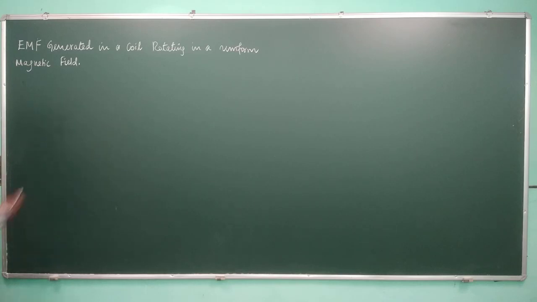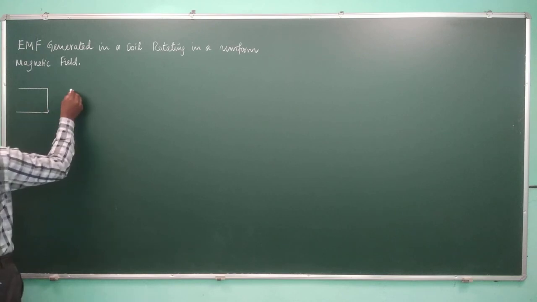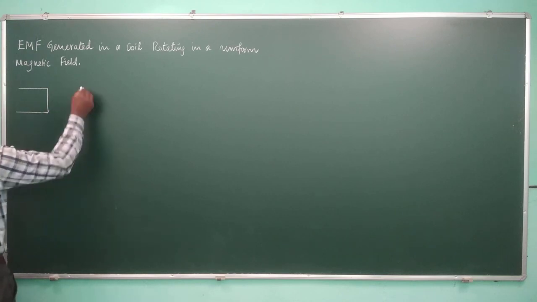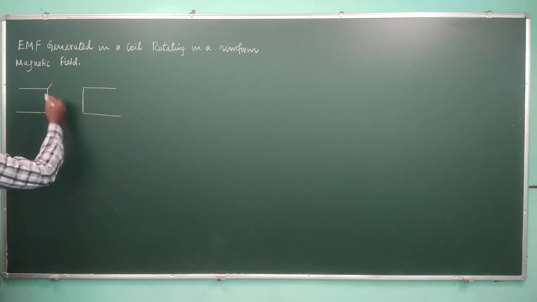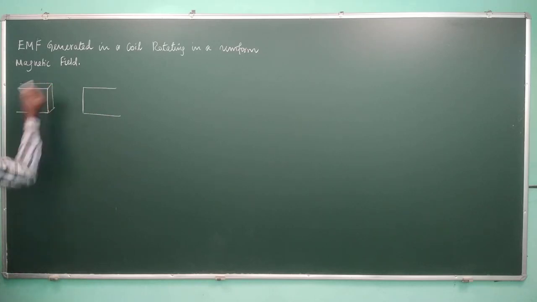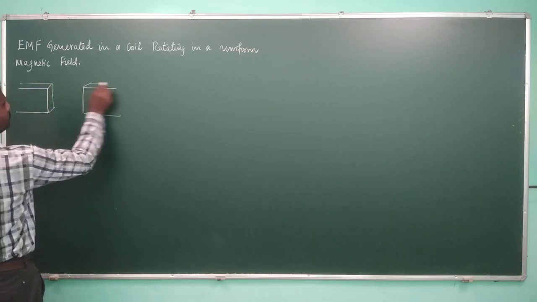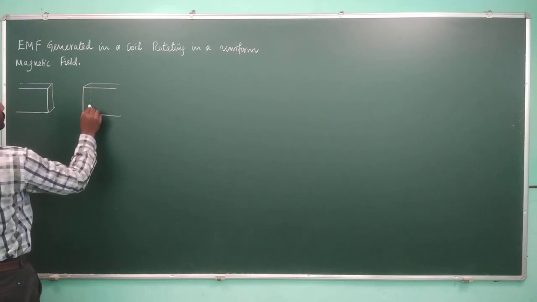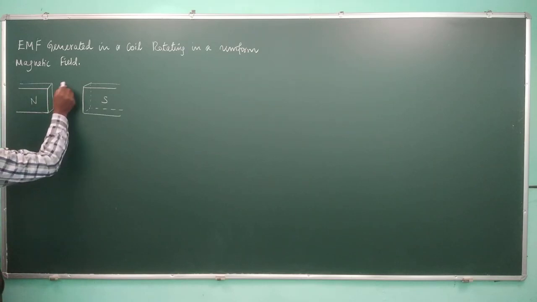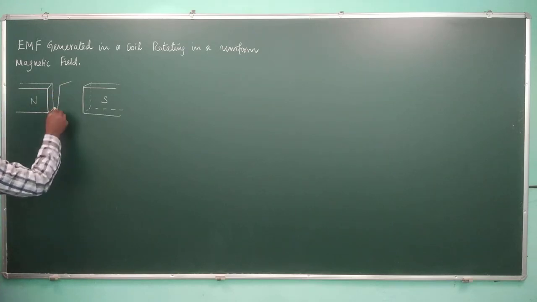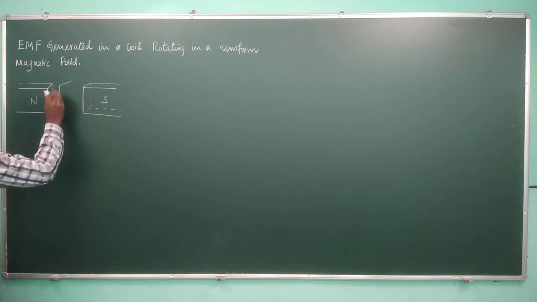So, what is the experimental situation? We have a magnetic field, so that this is the north pole and this is the south pole, and we place a rectangular coil.